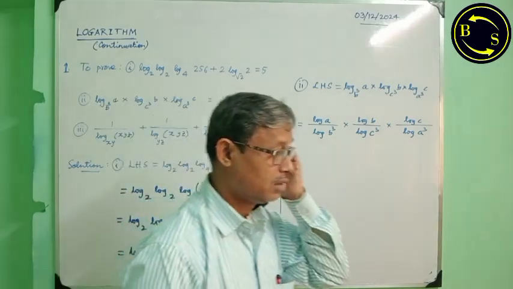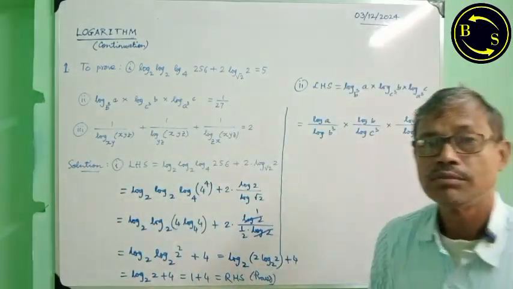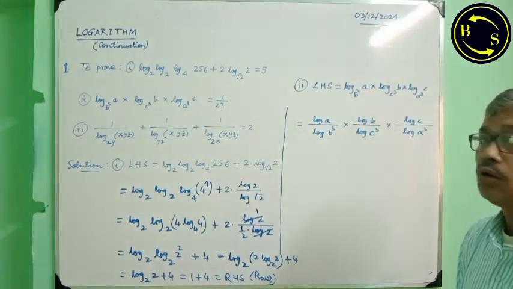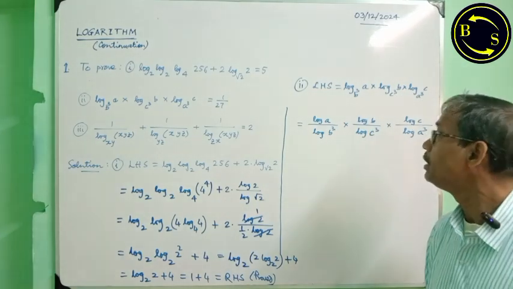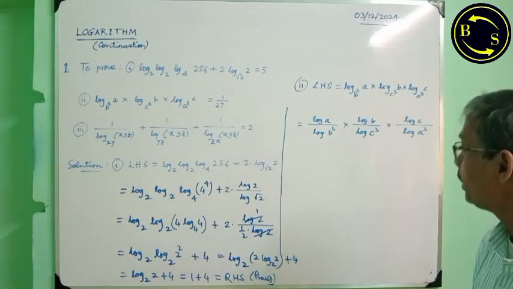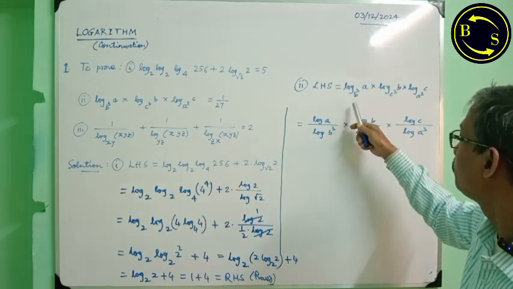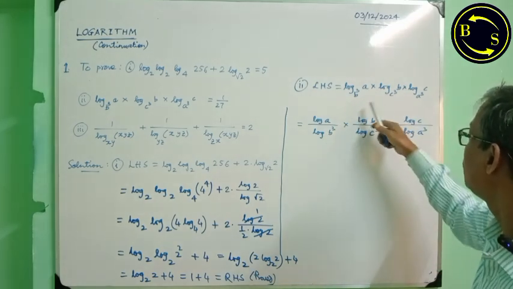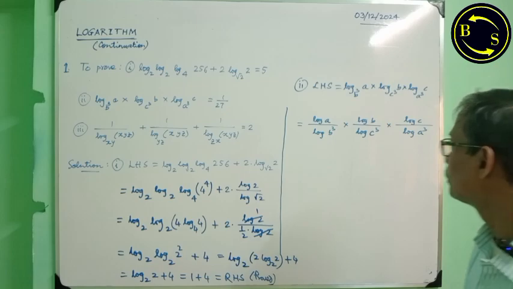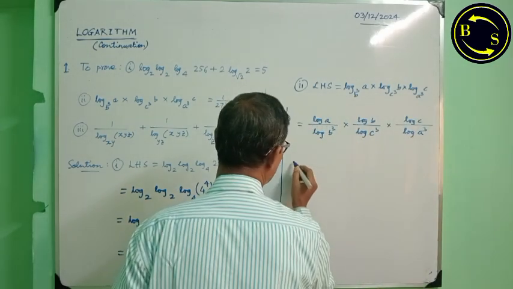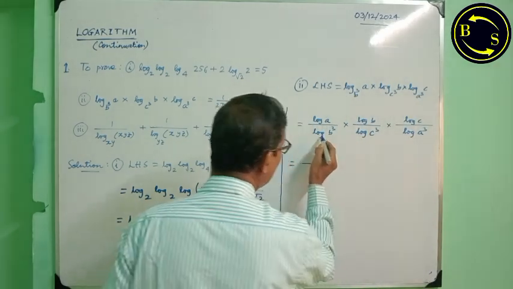Already I have discussed the base changing formula. Log of a to the base b will be equal to log a by log b. According to that formula, we have expressed each of these terms like this. Then we have log of b cube.